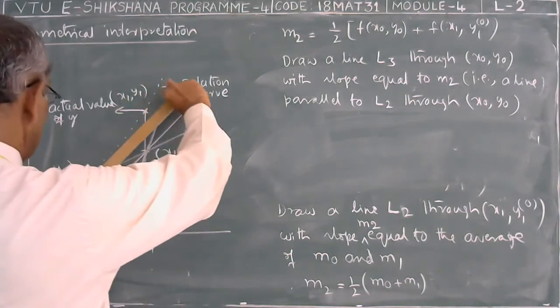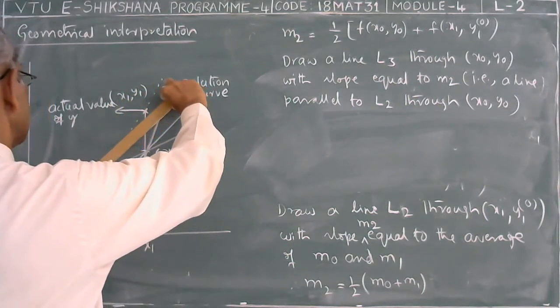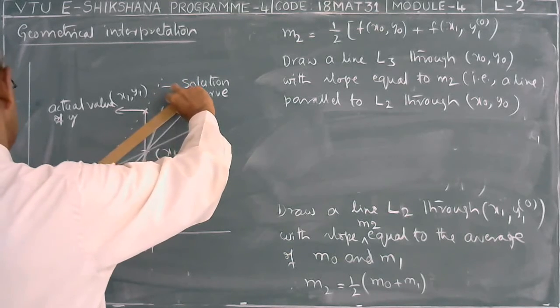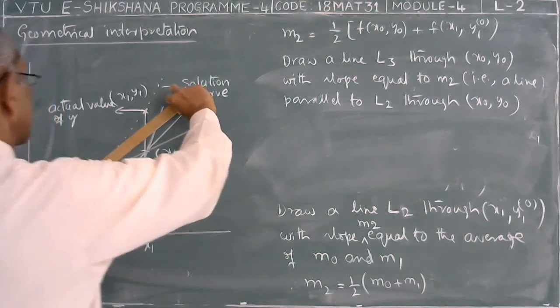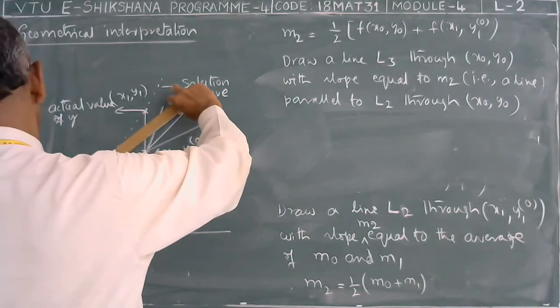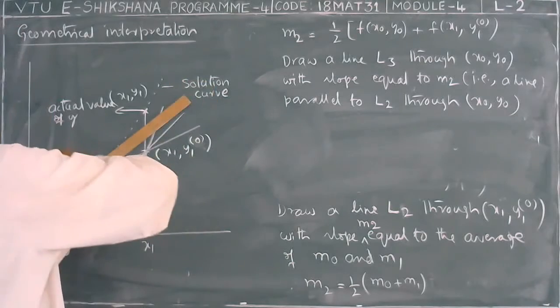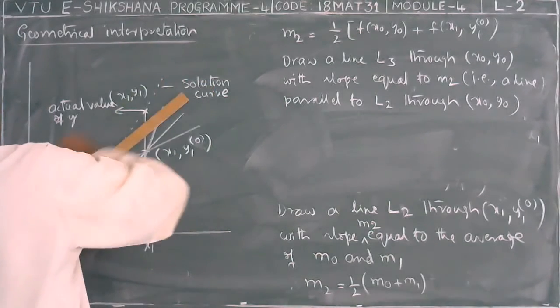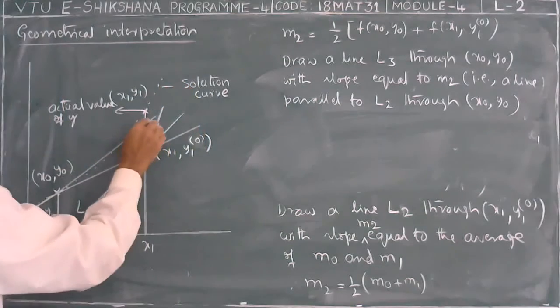So, parallel to N2 through this. Okay. So if you carefully draw, this is the line.